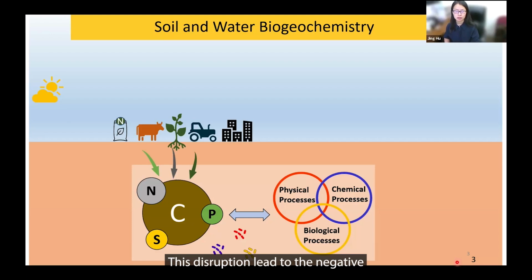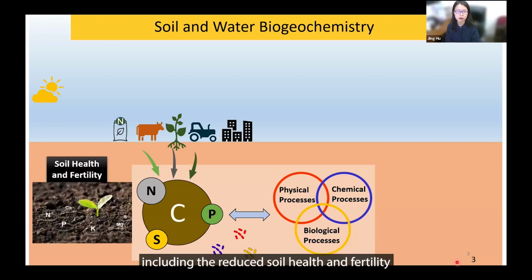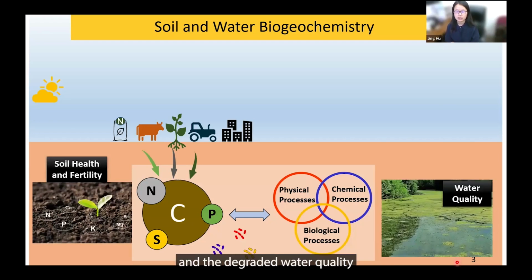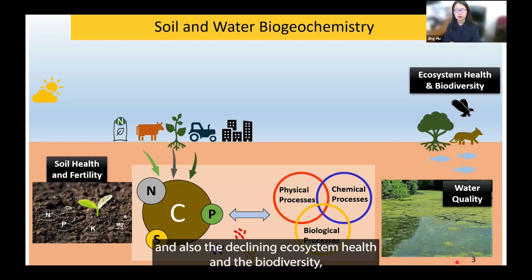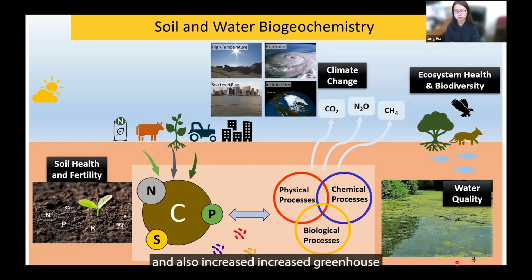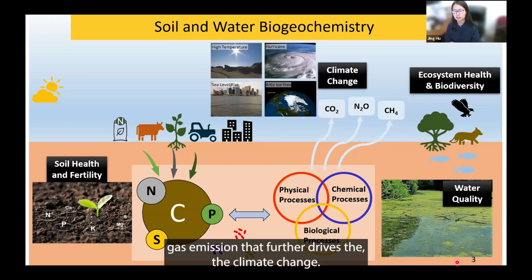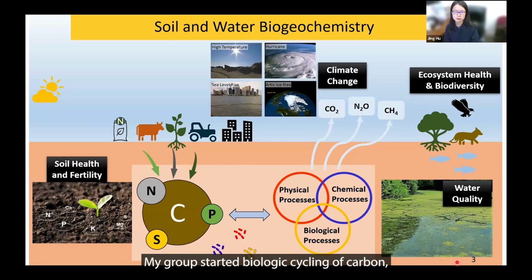This disruption leads to negative impacts on our environment, including reduced soil health and fertility, degraded water quality, declining ecosystem health and biodiversity, and also increased greenhouse gas emission that further drives climate change. My group studies the biological cycling of carbon, nitrogen, phosphorus, and also the emerging organic contaminants.